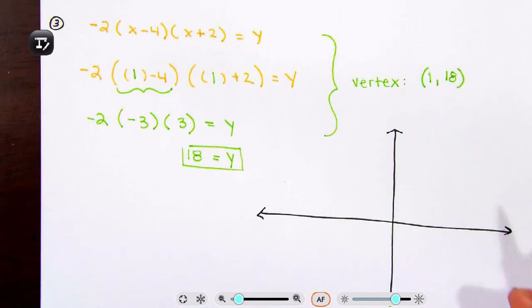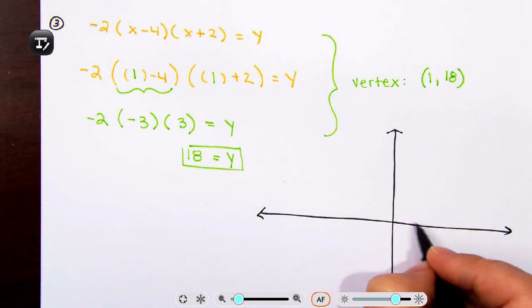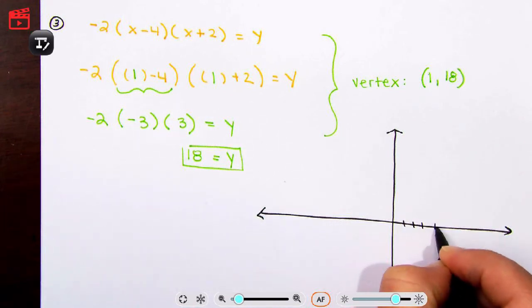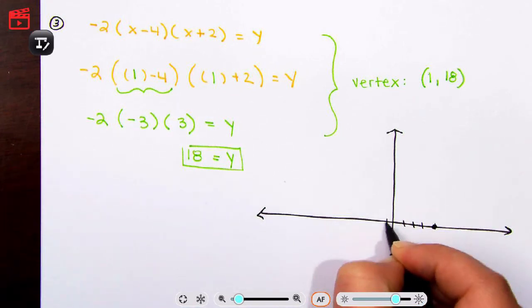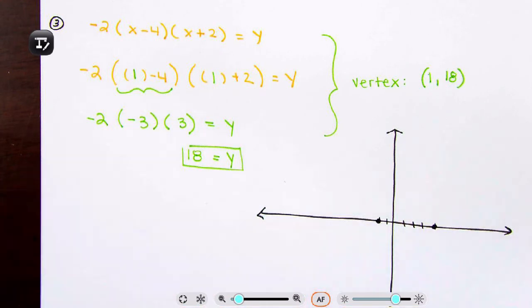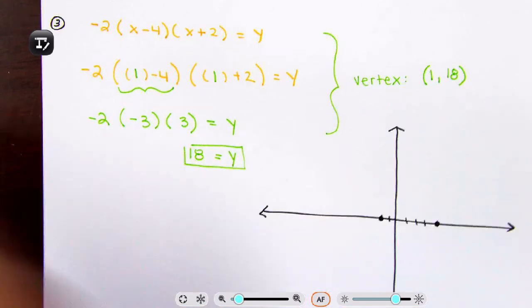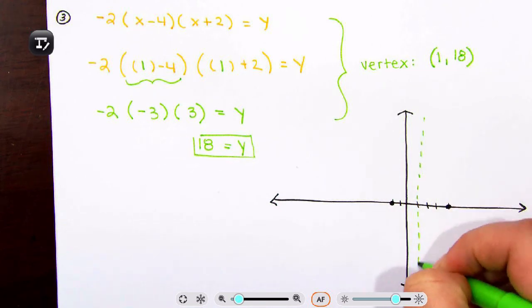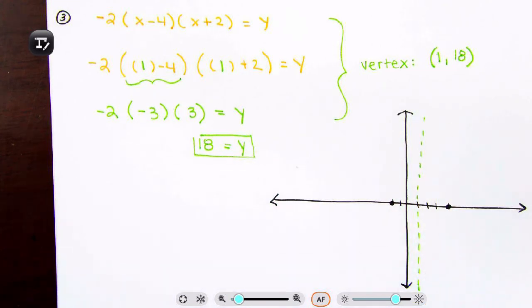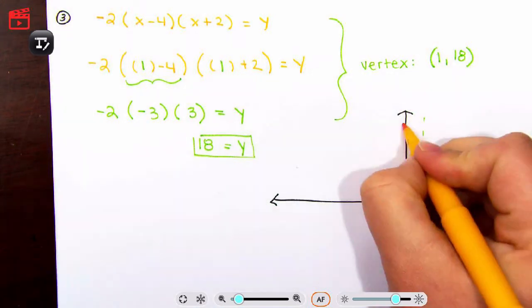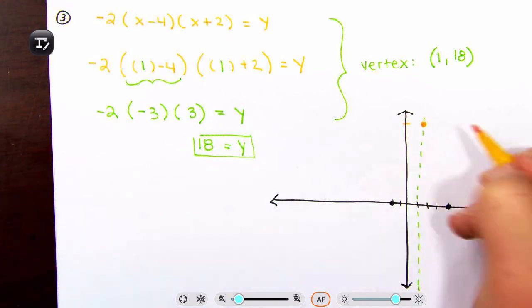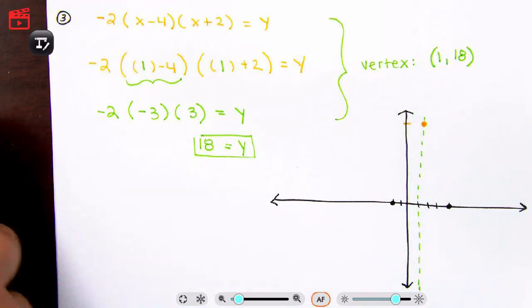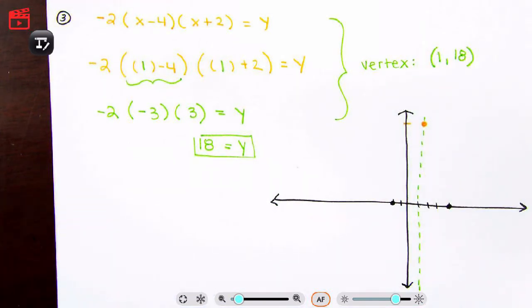So we have our intercepts at 4, and at negative 2, that means our axis of symmetry is at x equals 1, which is here. And our vertex is at (1, 18). So let's make 18 here. 18 is a big number, so it's going to be pretty high up on the y-axis. And that's pretty much it.